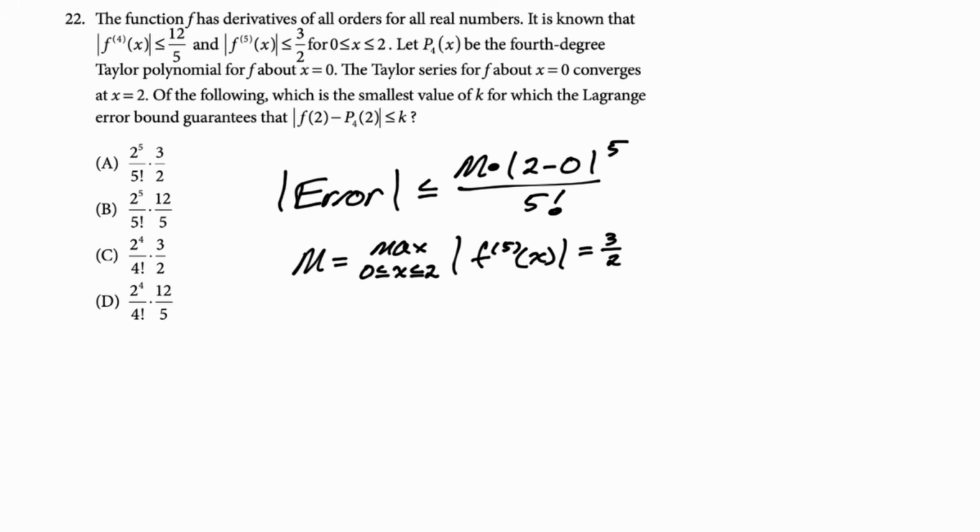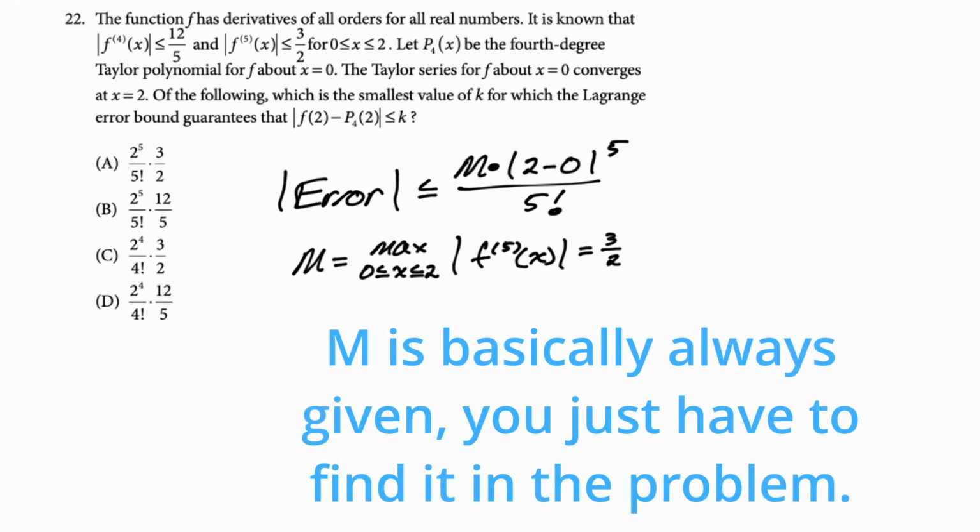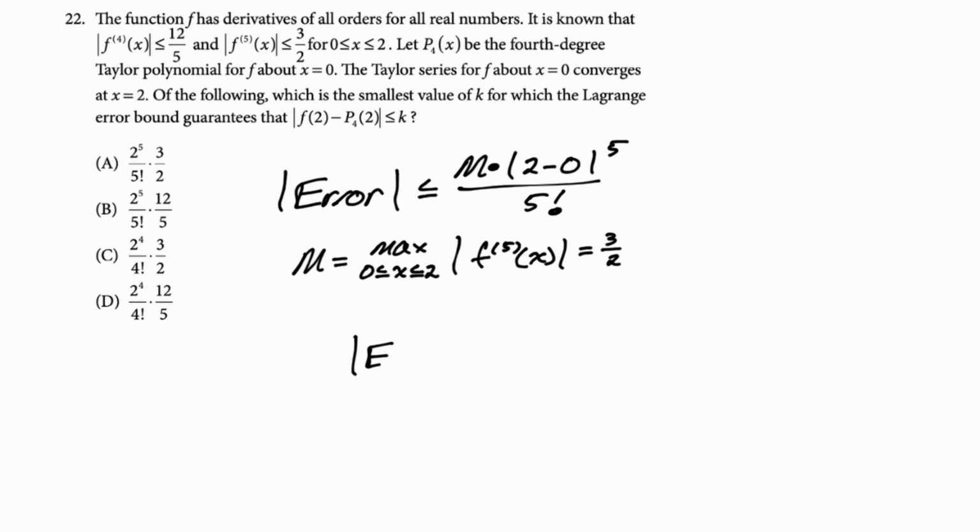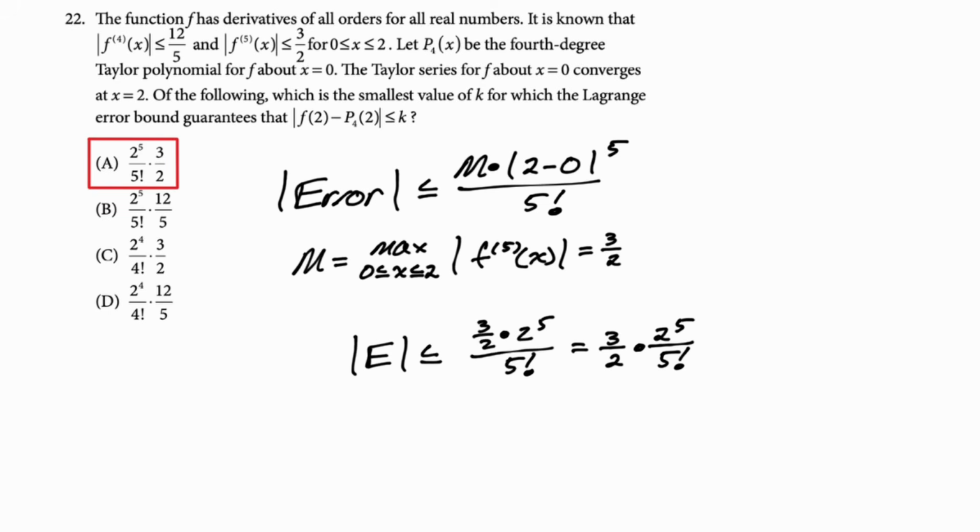We're just told in the problem that this is 3/2, so I'm just going to plug in everything. The absolute value of the error is less than or equal to 3/2 times 2 to the fifth over 5 factorial. We have to simplify this a tiny bit, but not really. This is just 3/2 times 2 to the fifth over 5 factorial. So we look at our answer choices, and we are going with A.